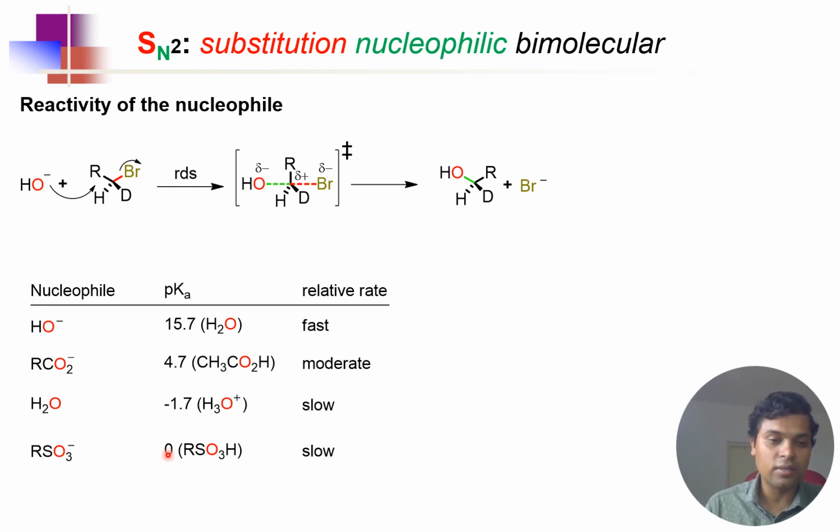The question is, by the definition of acidity, we know that the higher the pKa value, the less stable the conjugate base, which means my OH minus is less stable.